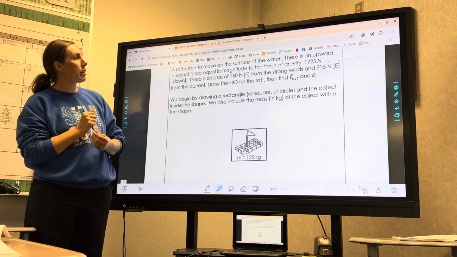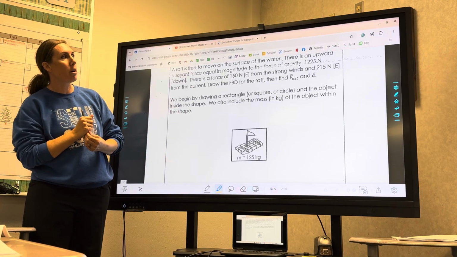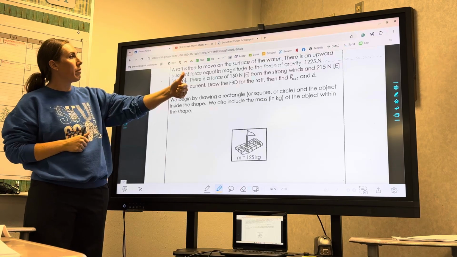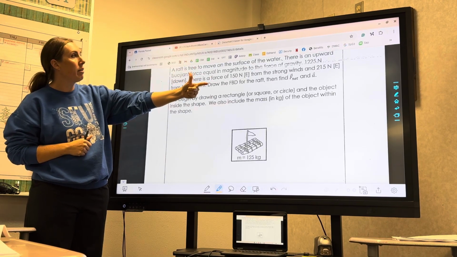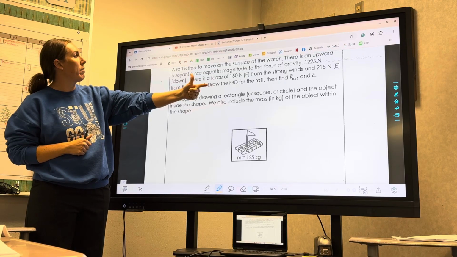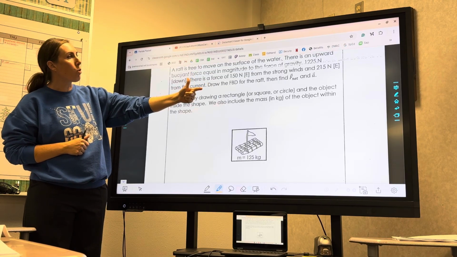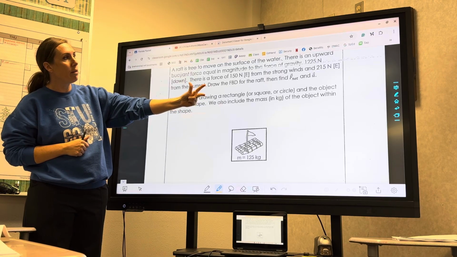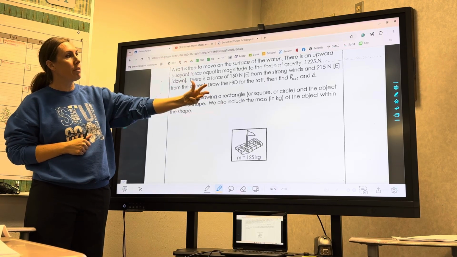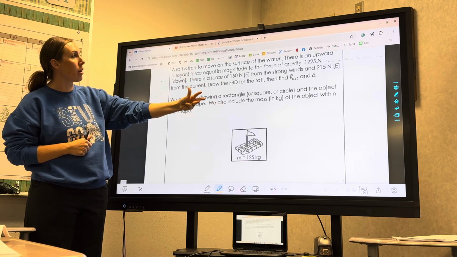A raft is free to move on the surface of the water. There is an upward buoyant force equal in magnitude to the force of gravity, 1,225 newtons downward. There is a force of 150 newtons eastward from a strong wind and 215 newtons east from the current.